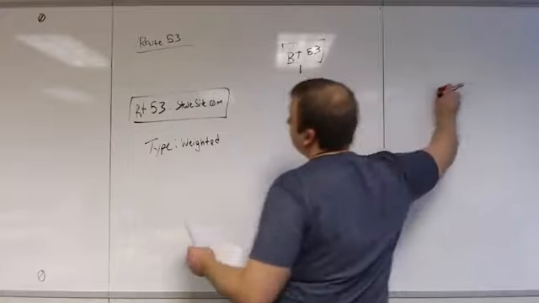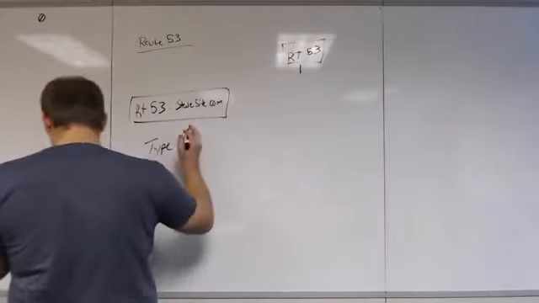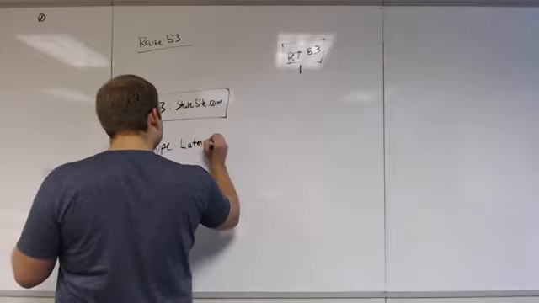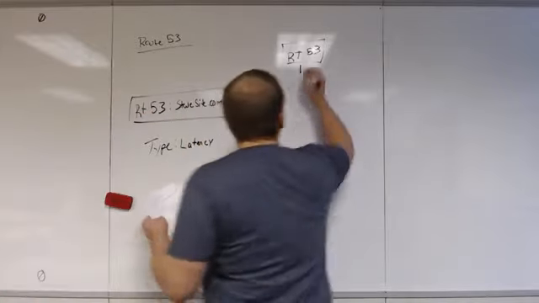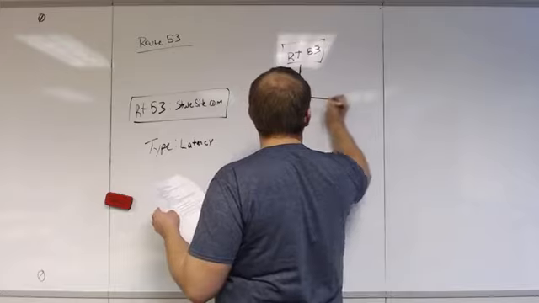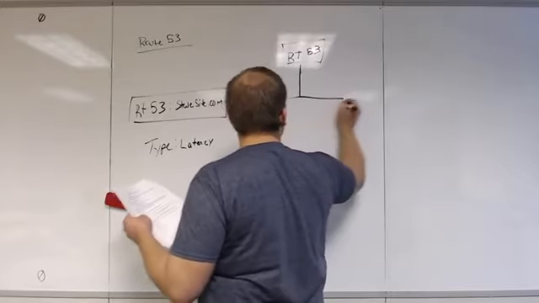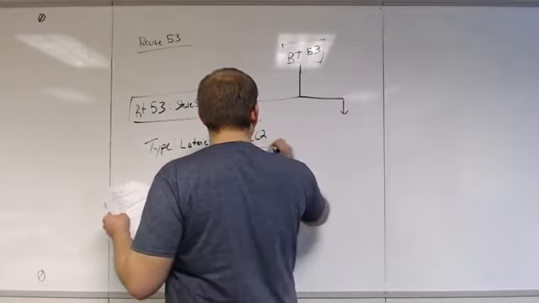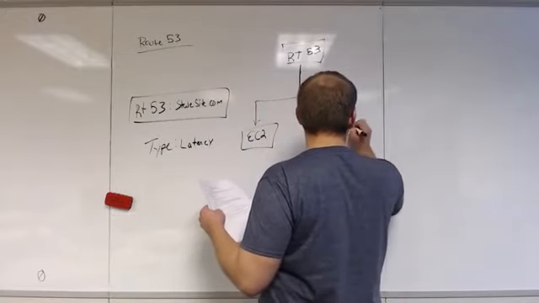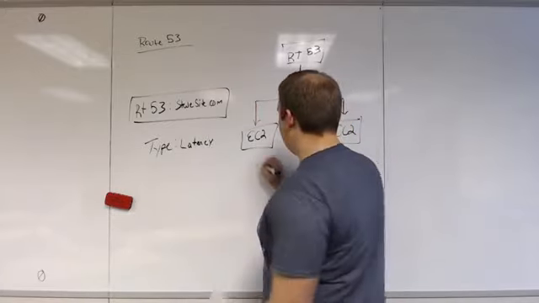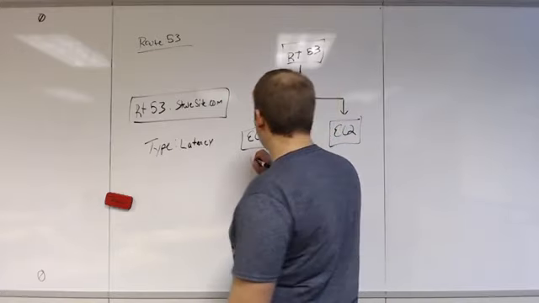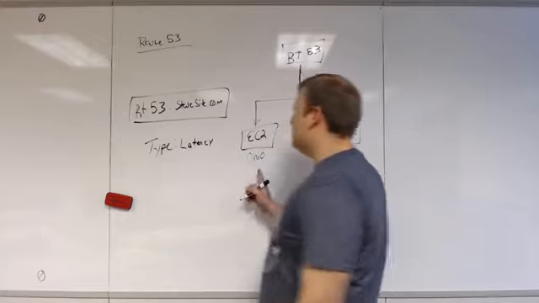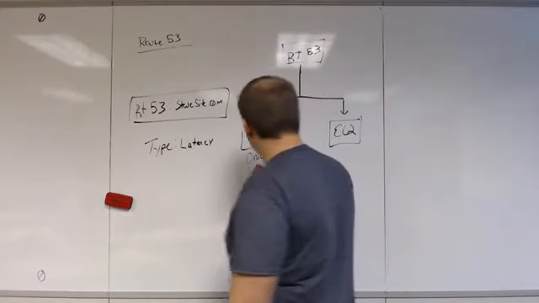Latency. Let's say I have 2 EC2 instances. Let's say this here is in Ohio, and that's US East 2.